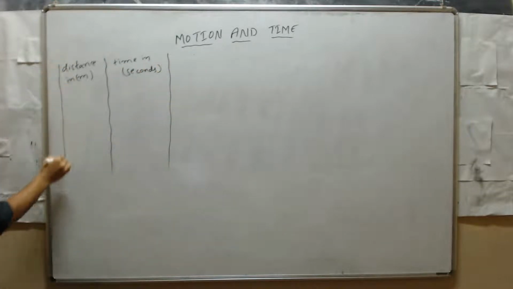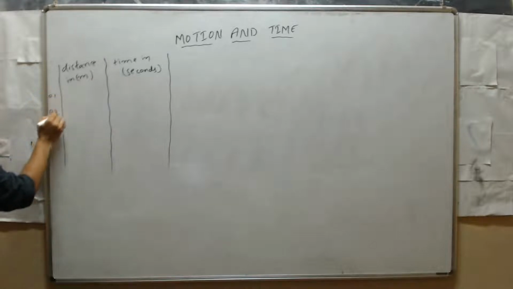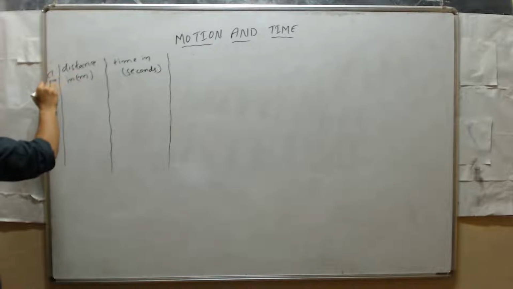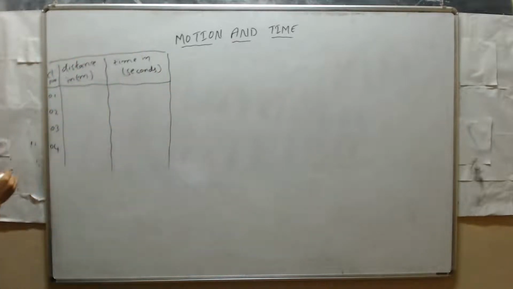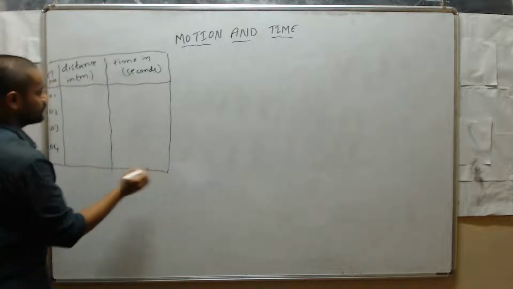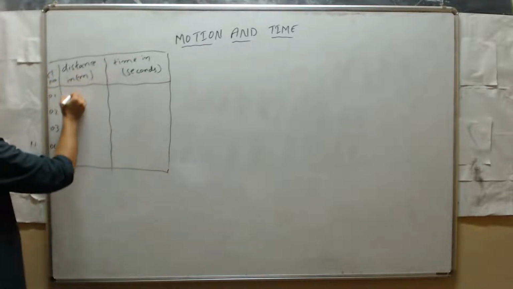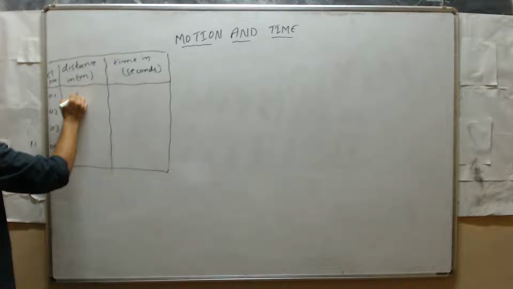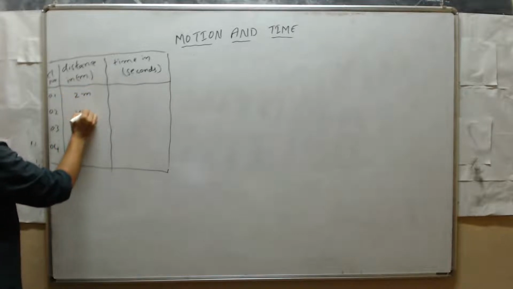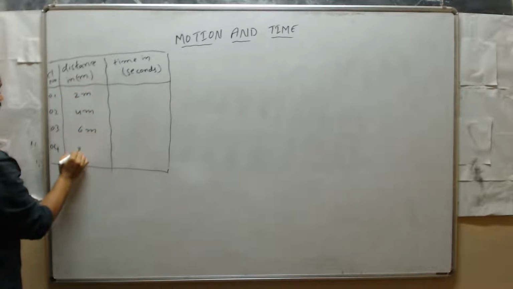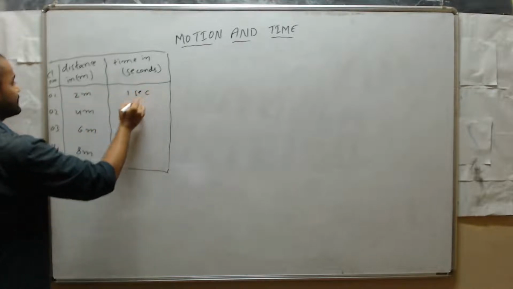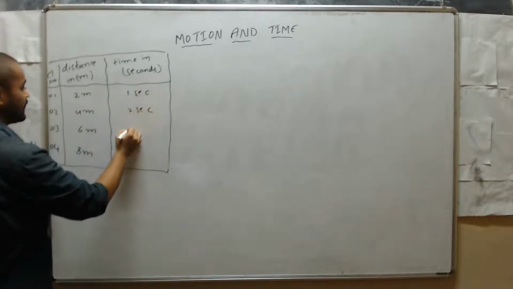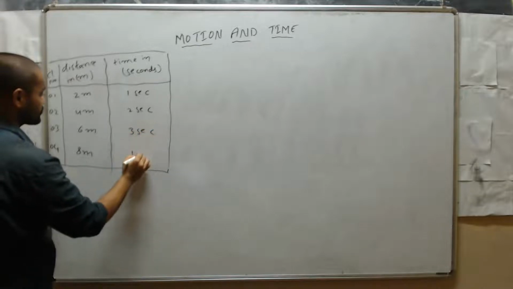First one we have first, second, third, fourth. So these are the serial numbers. That is, if a car moves 2 meters, 4 meters, 6 meters, and 8 meters in 1 second, 2 seconds, 3 seconds, and 4 seconds.